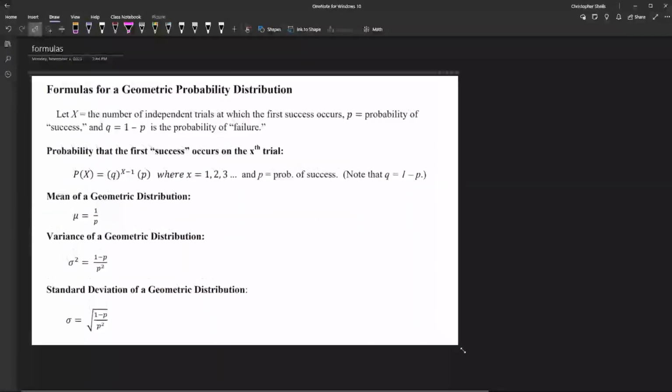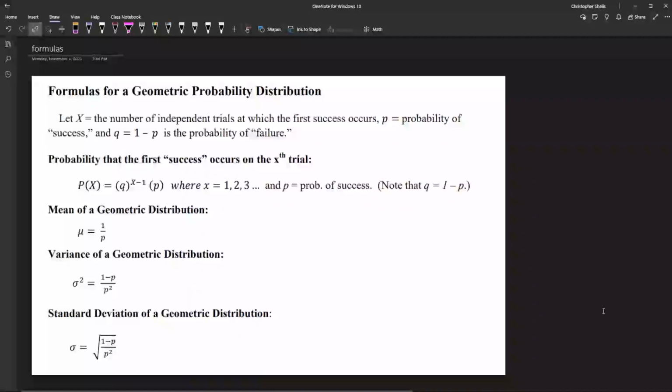Here we have a few formulas for geometric probability distributions. Let x equal the number of independent trials at which the first success occurs. P is the probability of success, and Q equals 1 minus P is the probability of failure.